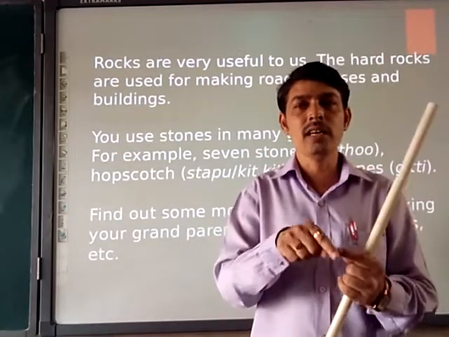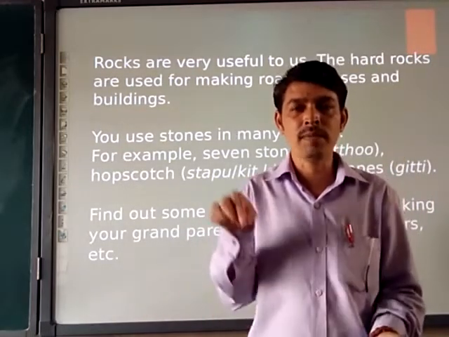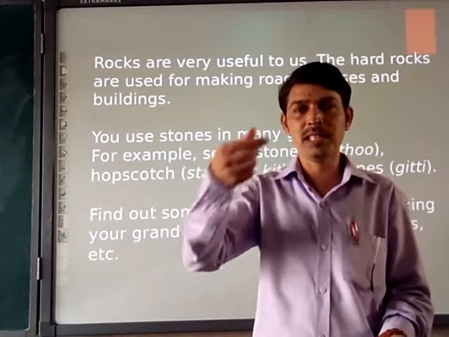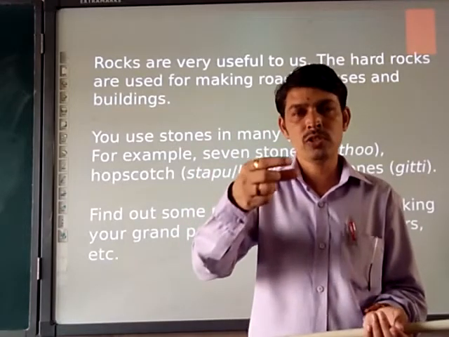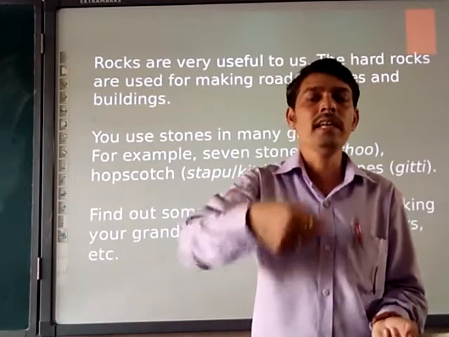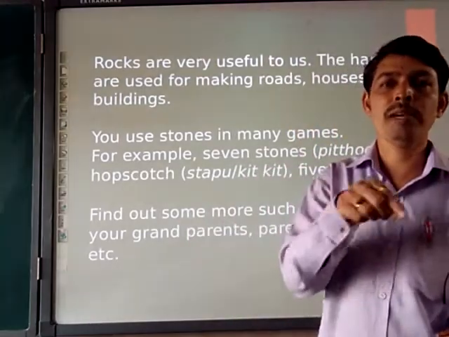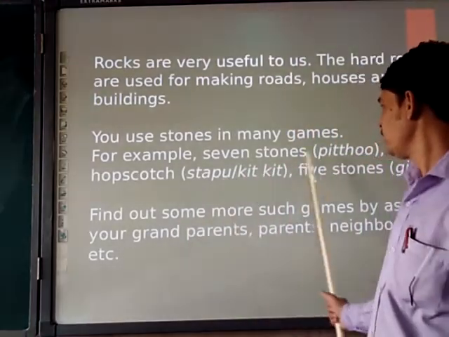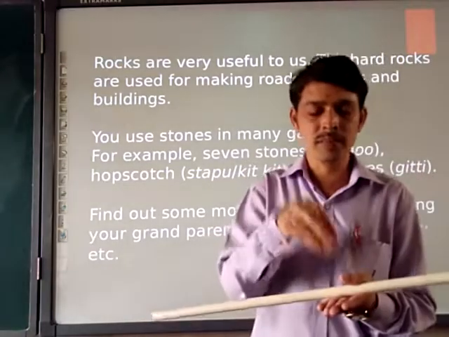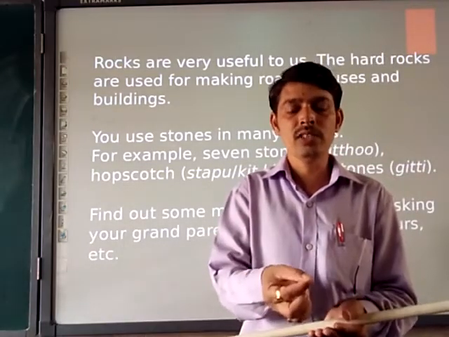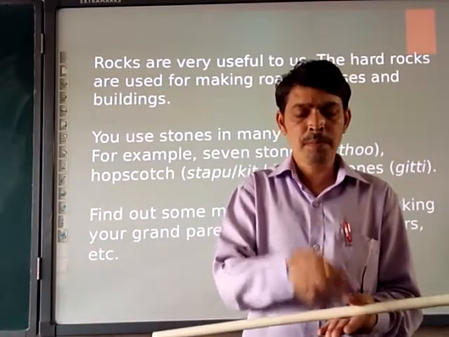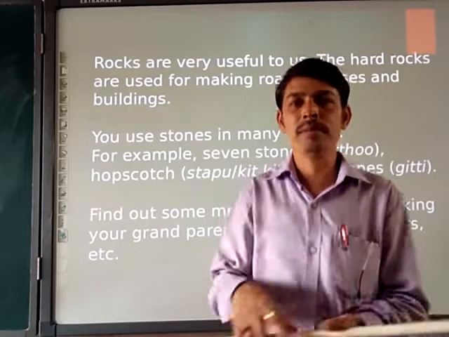We make rectangles on the floor and place 1, 2, 3 numbers and place one plain stone on that, and then we jump on that step. Then the 5 stones game: we have 5 stones in our hand and we pick one and throw it down.